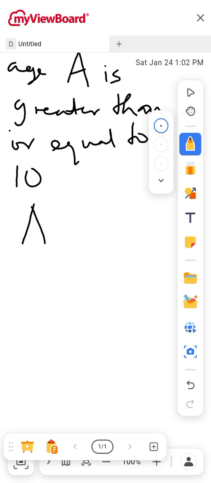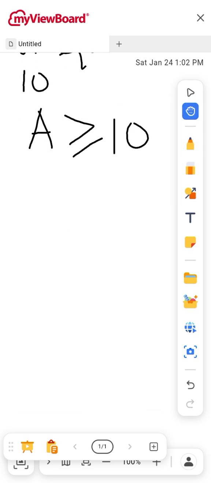So Bola's age A is greater than or equal to 10. You have just represented this inequality in a mathematical expression.